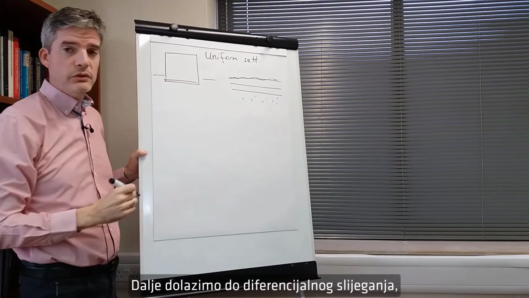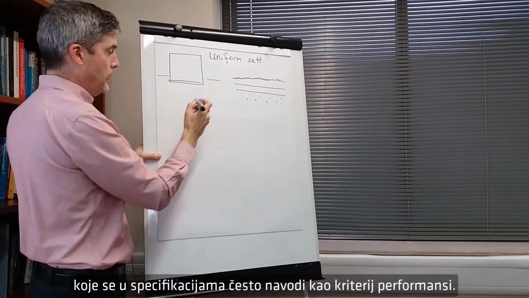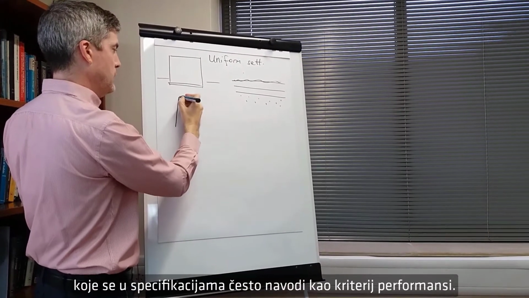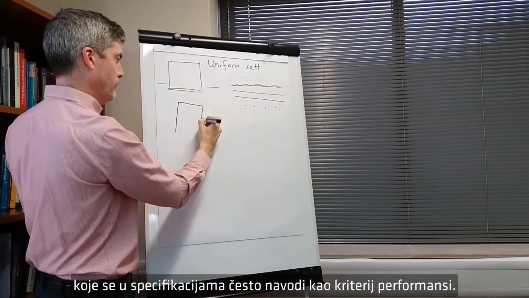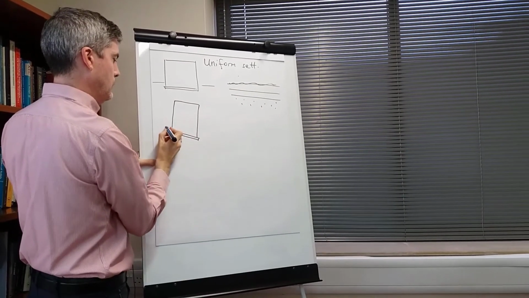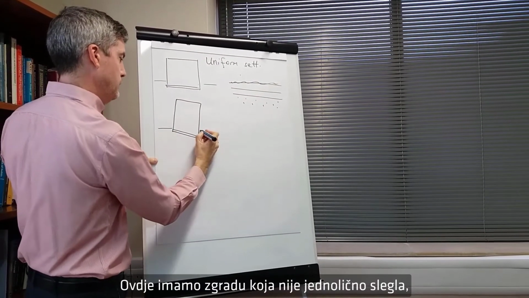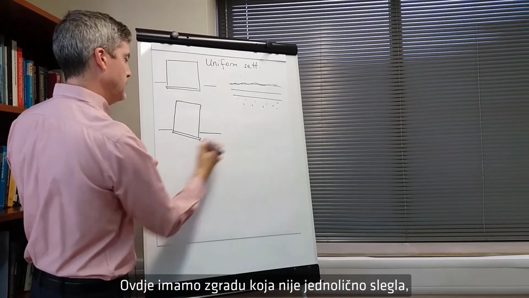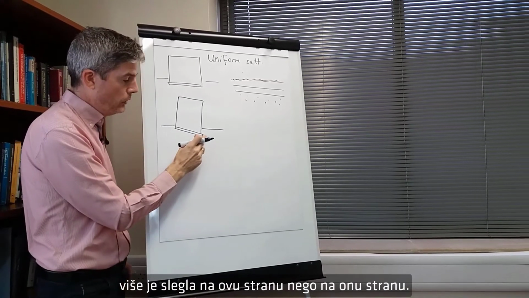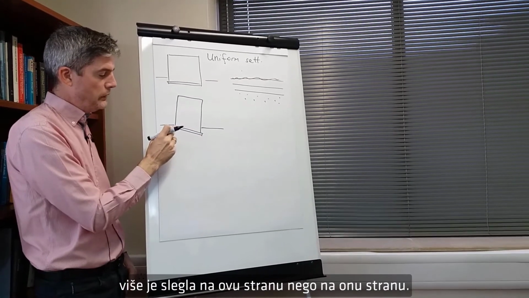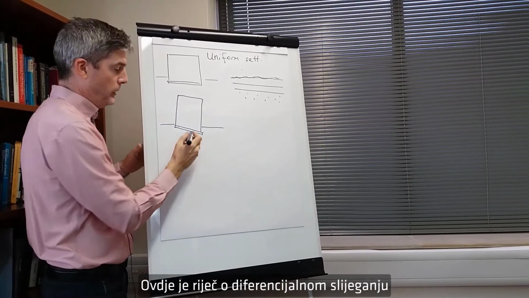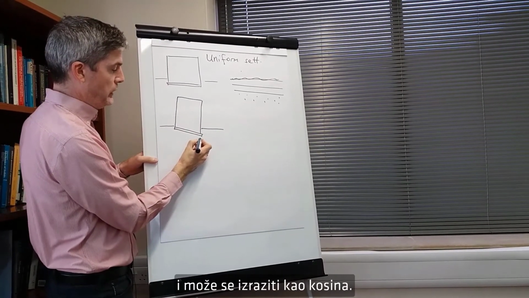Next, we come to differential settlement. And this is what is often quoted in specifications as a performance criterion. Here we have a building that has settled again, but this time not in a uniform way. It has settled more on this side than it has on this side. So that is a differential settlement, and that can be expressed as a slope.